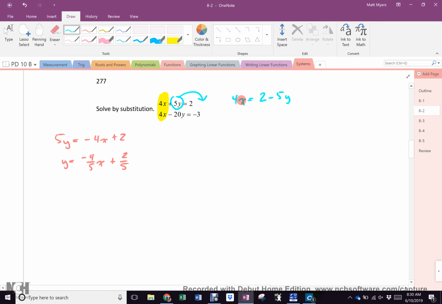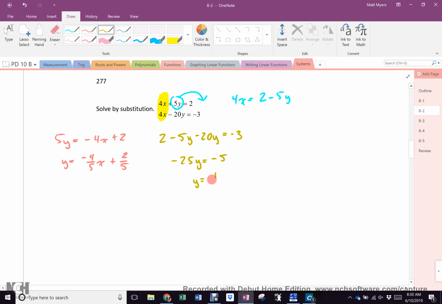Well, if 4x is 2 minus 5y, what can I write there? 2 minus 5y. So couldn't I write 2 minus 5y minus 20y equals negative 3? Couldn't I do that? And then, of course, negative 25y equals negative 5.